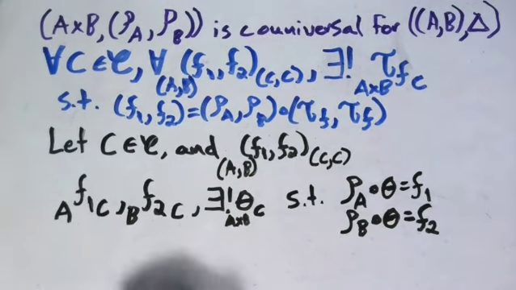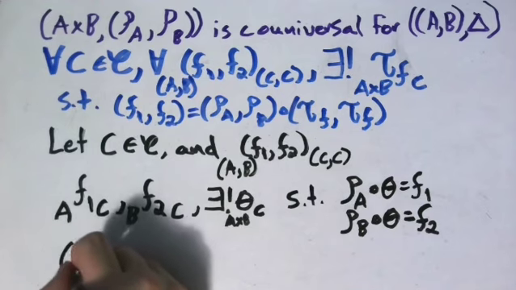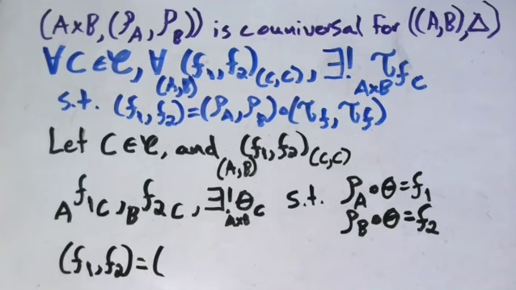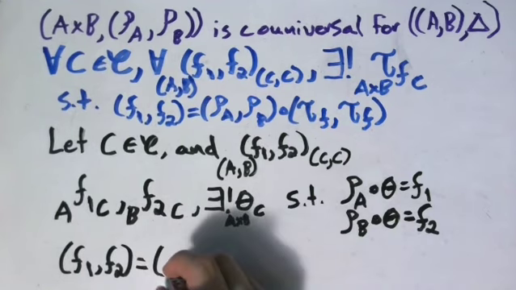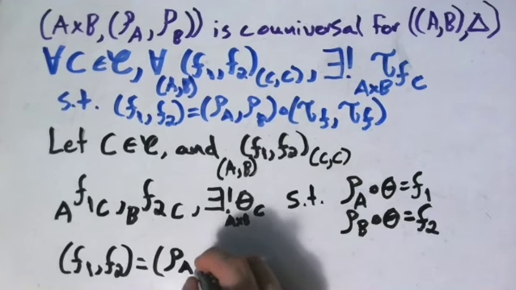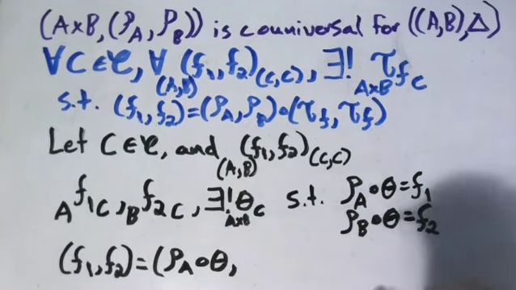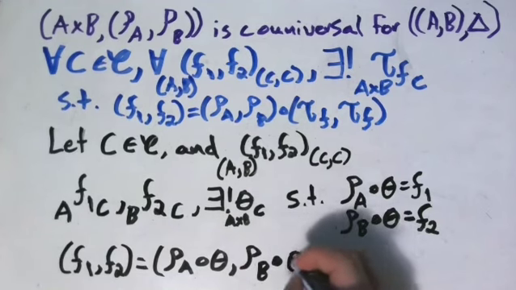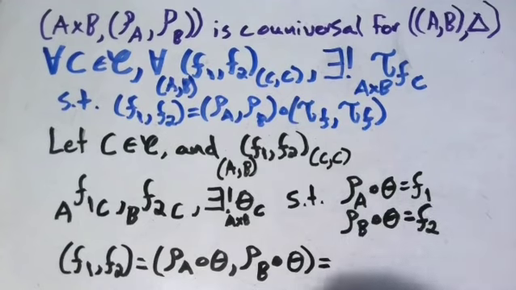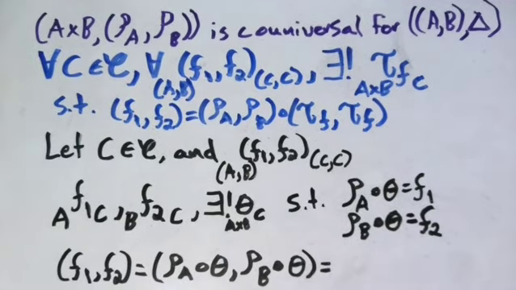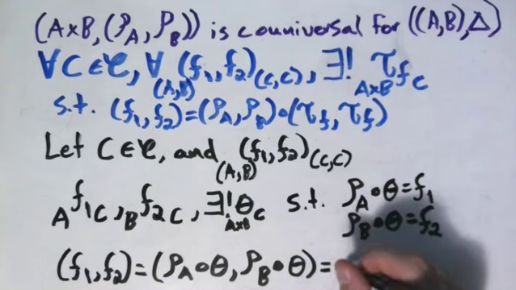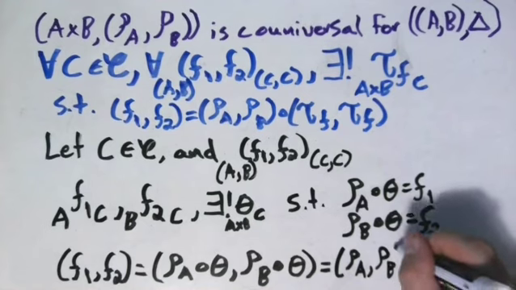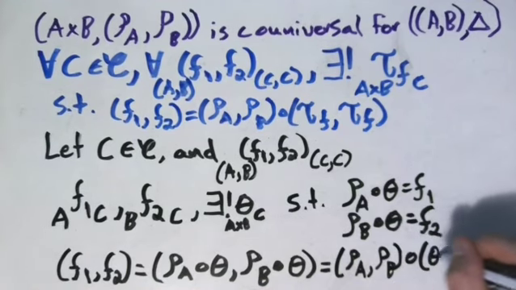Which means that we can say that F1, F2 is equal to, well, we can replace F1 with row A after theta and F2 by row B after theta, which is equal to, well, we can split out these compositions to give us row A, row B after theta, theta.